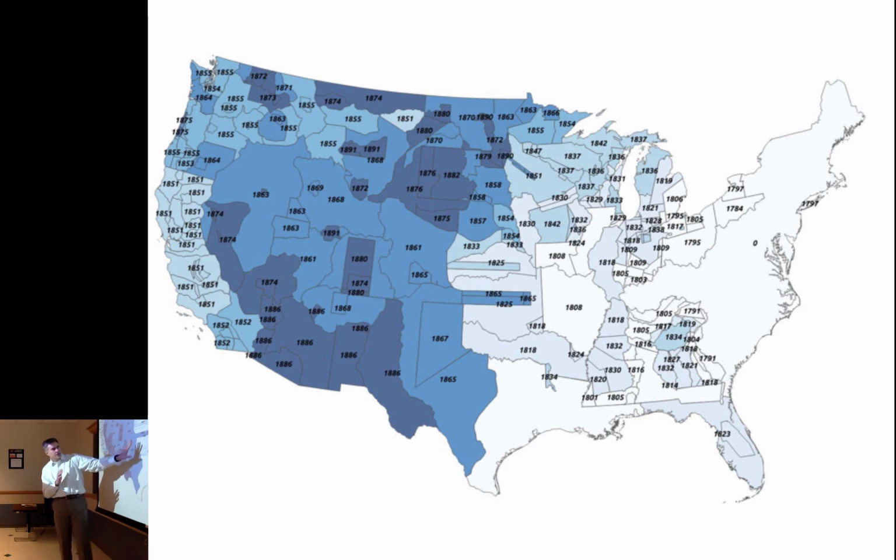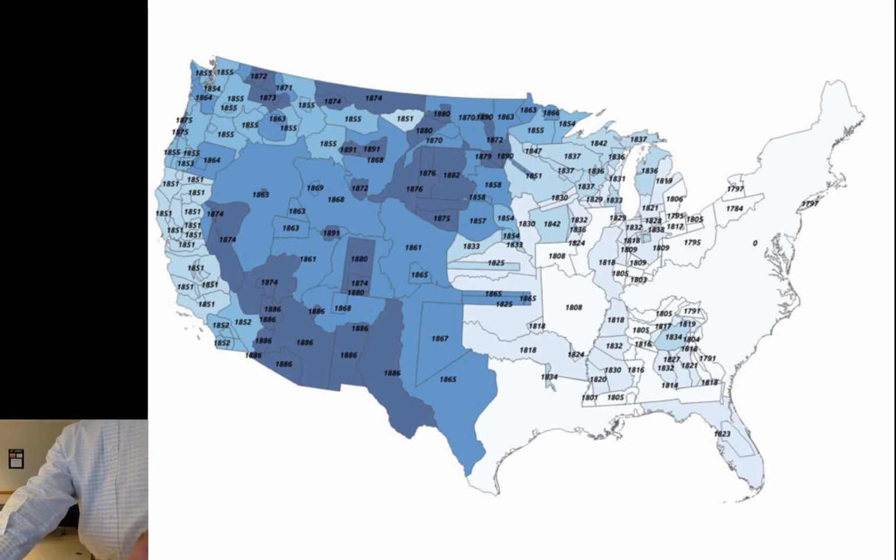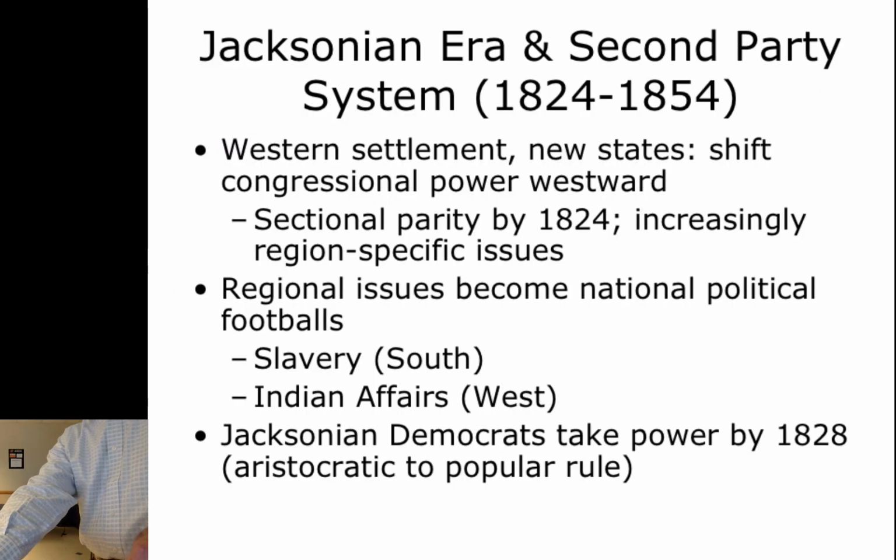So a lot of land cessions led to the relocation, okay, of Indian tribes in the West. So these are just the initial land cessions. And of course, we'll talk more about what's going on later on.